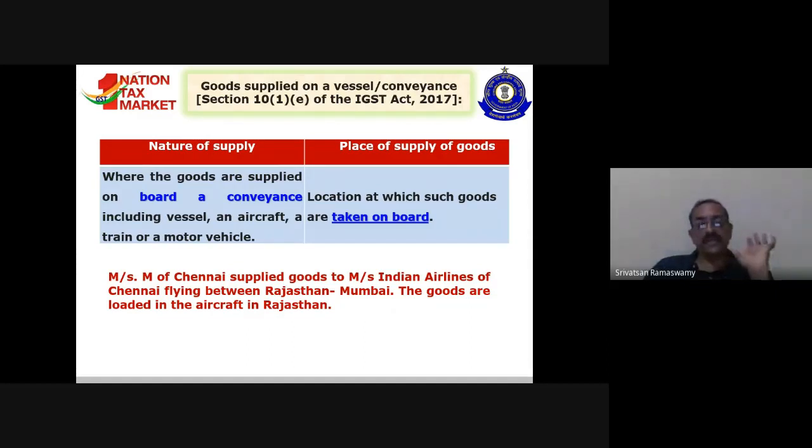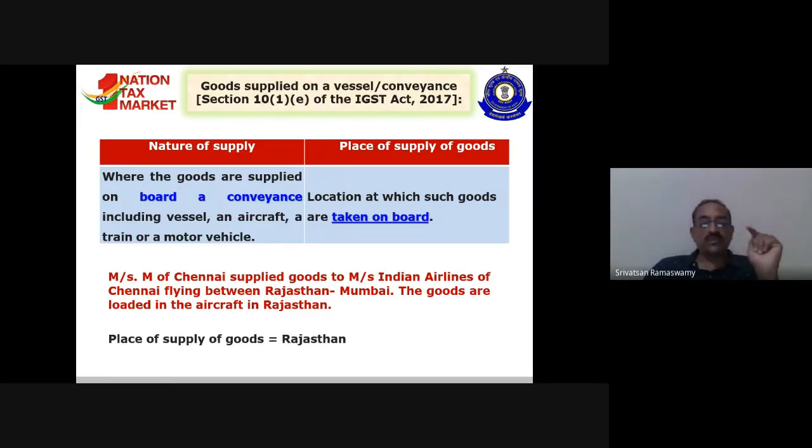The goods are loaded in the aircraft in Rajasthan before they start the journey. According to this condition, the location at which the goods are taken on board decides the place of supply. The goods are supplied by the person in Chennai to Indian Airlines before the flight starts, and they are taken on board at Rajasthan. So the place of supply shall be Rajasthan.